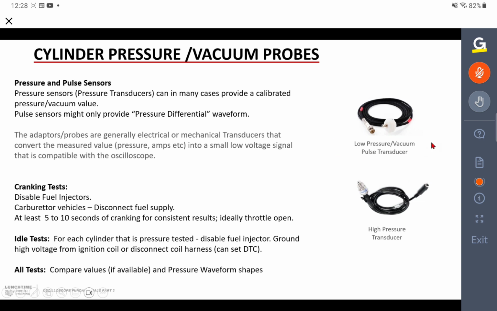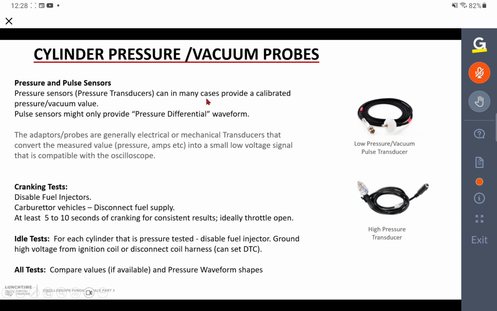So ideally, if you can get a pressure transducer that will connect to your oscilloscope and give you a pressure value, that's the best route. But if need be, get a pressure transducer from an aftermarket source, and that may give you the voltage reading, but in a lot of cases you can then convert that voltage reading into a pressure value. There's a couple of different types of pressure transducers.